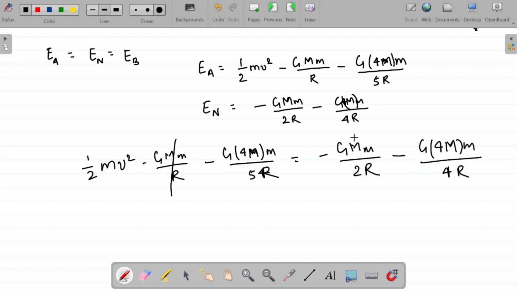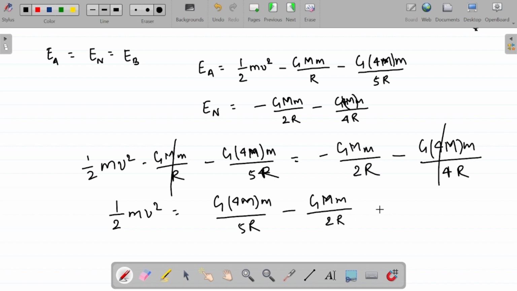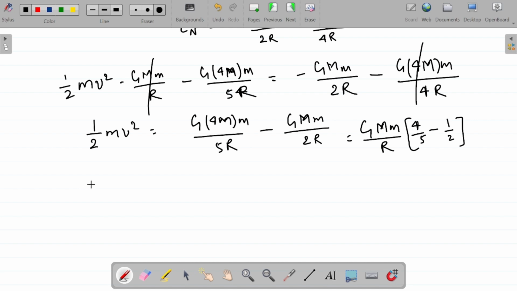Now we have this on both sides, so we can eliminate it. So m v square equals G 4M m by 5r minus G M m by 2r, or we can write G M m by r outside, and then we will have 4 by 5 minus 1 by 2. Further we can write v square equals twice G M by r. I have just divided by small m on both sides.